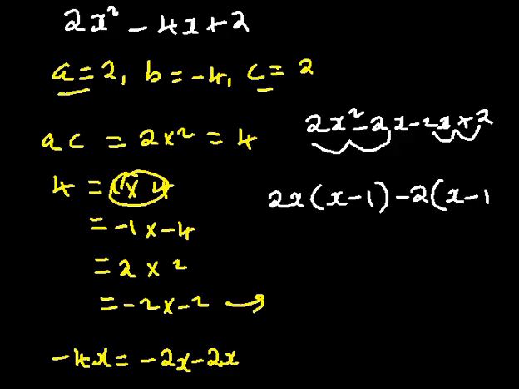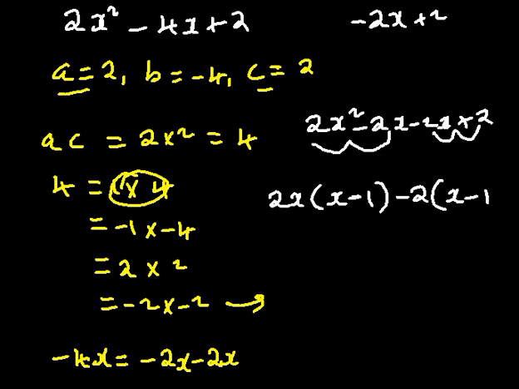So you may tend to wonder what's going on here. For this case, we have negative 2x plus 2. But we have to ensure that whatever we have here is also the same as what we have here.